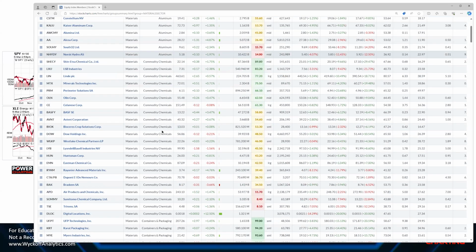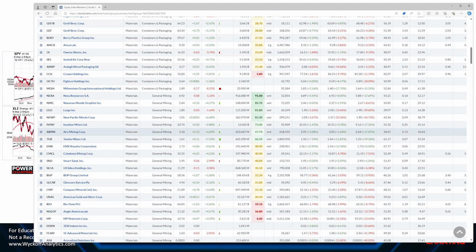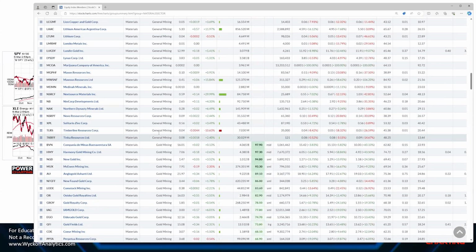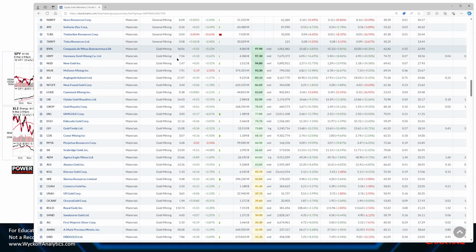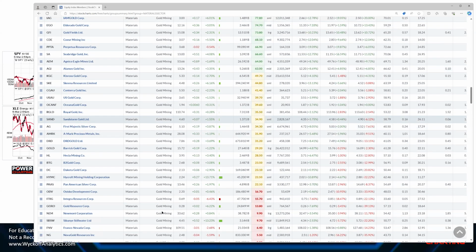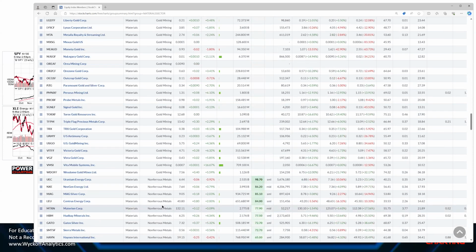And what I would suggest, just as an assignment for you to think about, here's general mining, sorted again by Scooter. Not every stock has a Scooter rank. And gold miners, you can see they are ranked by Scooter also. So you can see strongest to weakest in the gold miners. And then you will find there's a lot of gold miners.